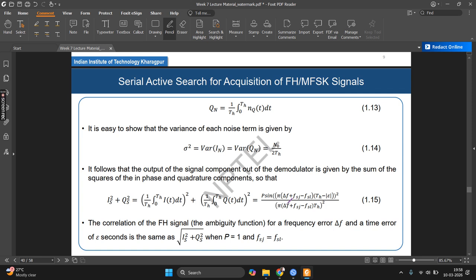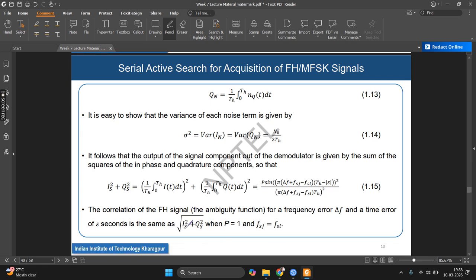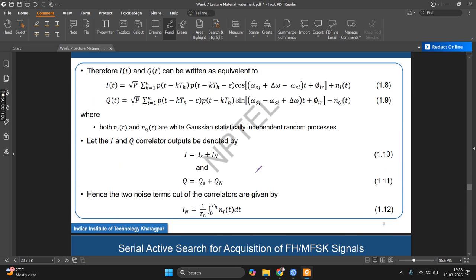It's like a sine x square by x square kind of thing. So it is a complicated signal, a sinc x square kind of thing. Then the correlation of the frequency hopping signal for a frequency error delta f and the time error of epsilon seconds is the same as root of Is square plus Qs square when p equal to 1 and fsj equal to fsl. What are fsj and fsl?